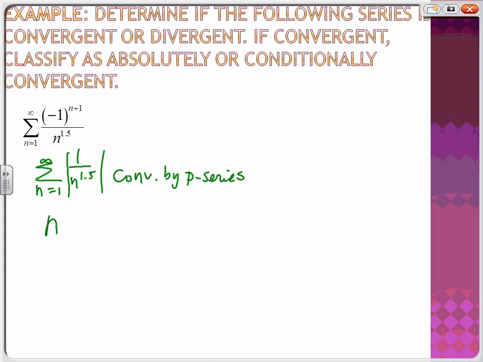Absolutely convergent. Do you have to do any more? No. You don't have to do anything to the other one. Nope. The other one's going to converge as well. This is absolutely convergent.